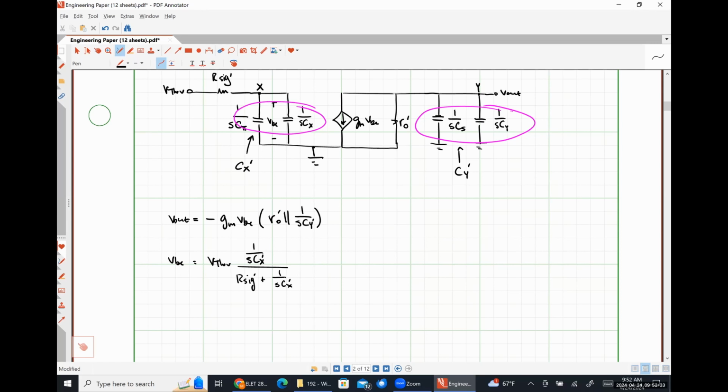Yes, those are primed. Multiplying by SCX prime over SCX prime, this winds up looking like VThev times 1 over 1 plus S R sig prime CX prime.